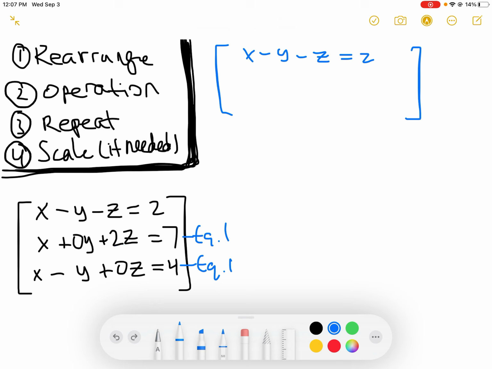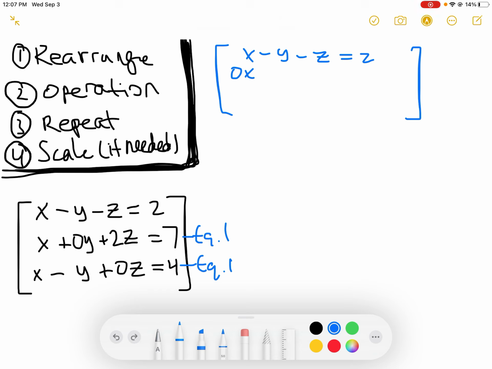So x minus x is going to be 0x. Whenever you have something cancel out, for now we're just going to leave it as 0x. Now you have 0y minus negative y, so you've got to be careful there.